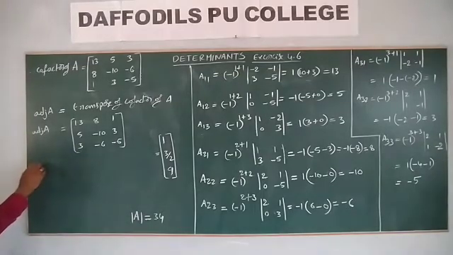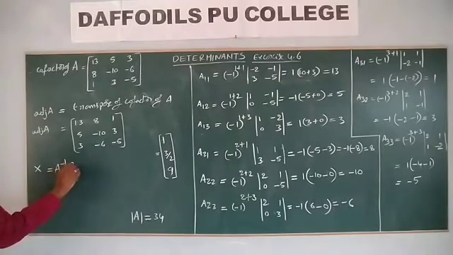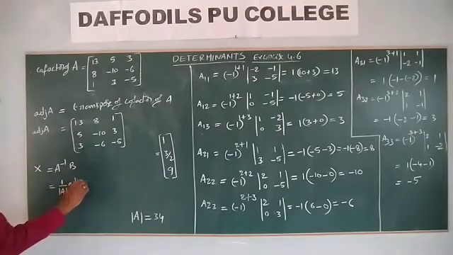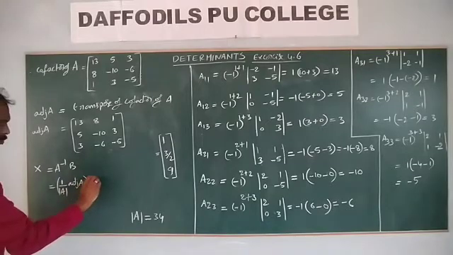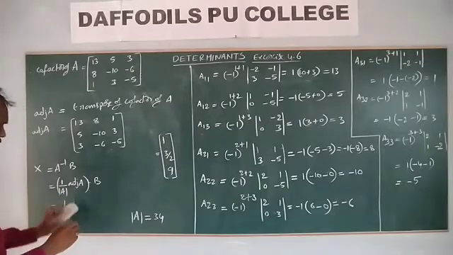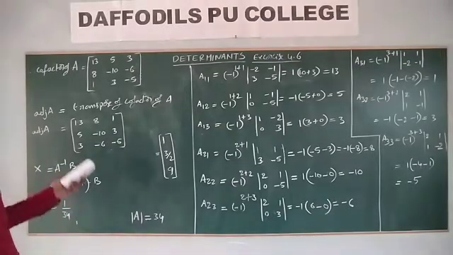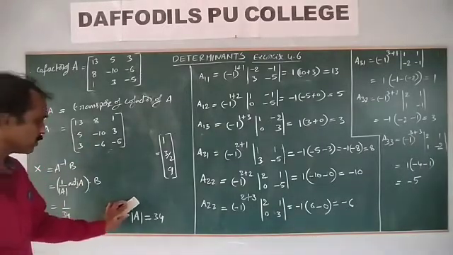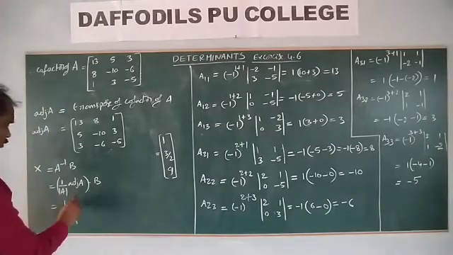What is A inverse? X is equal to A inverse into B. A inverse is equal to 1 by det A of adjoint A, into B. 1 by det A is 1 by 34, adjoint A. Adjoint A means this one. 34 is the det A value.